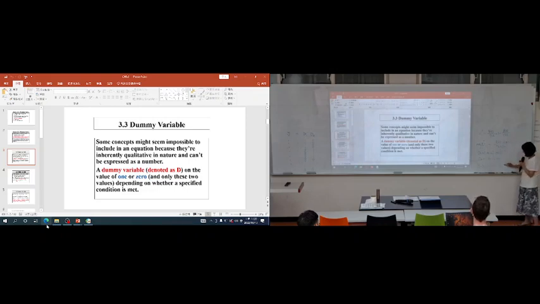B-A-C-H-E-L-O-R, am I right? Is there an E here? This is correct. Bachelor's, right? So we're saying that if you have K categories, then you need to have K minus 1 dummy variables.